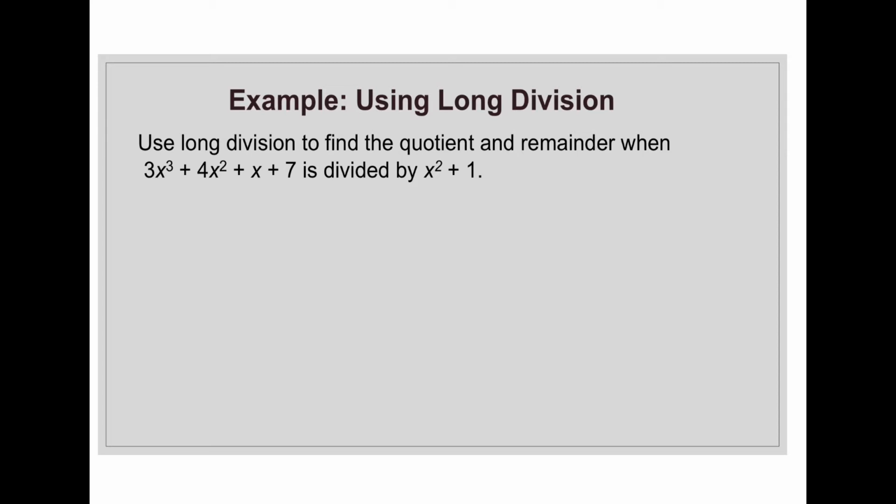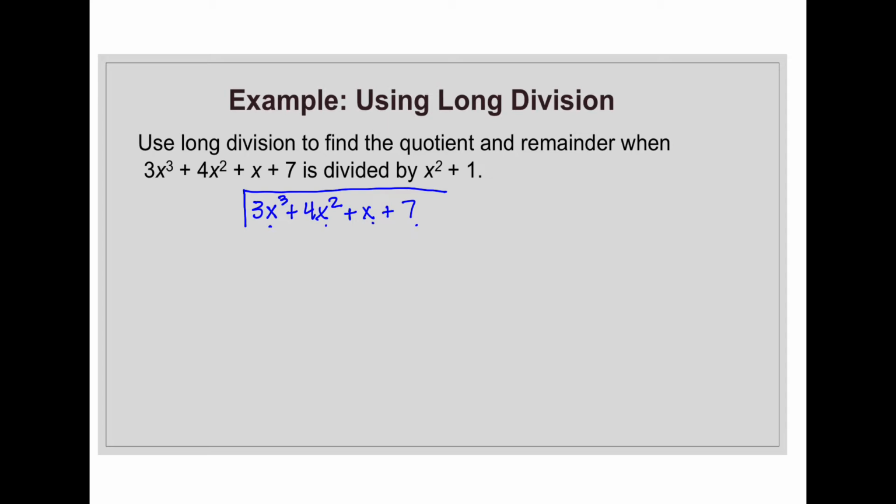So we set this up just like we would in long division. I'm going to put 3x to the third, and we want to make sure that this is in descending order. So 3x to the third plus 4x squared plus x plus 7. Notice that my degrees are going from 3, 2, 1, and then 0.